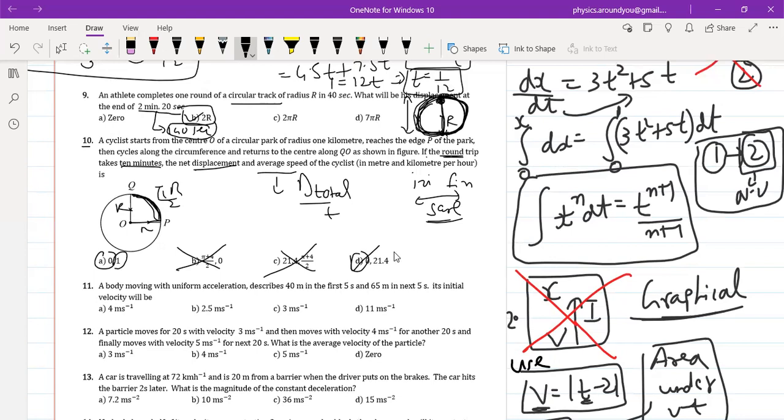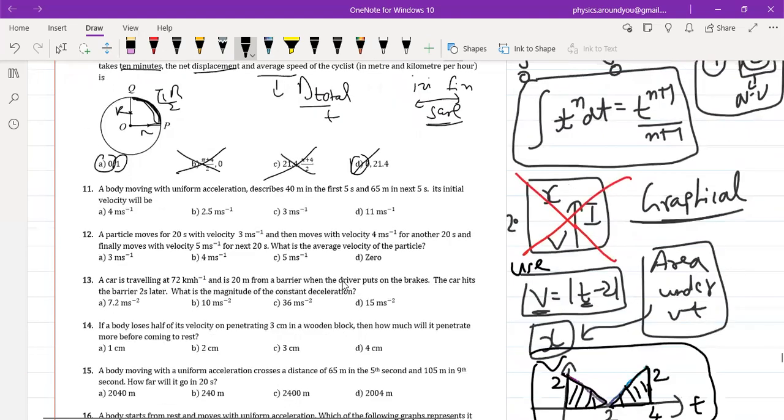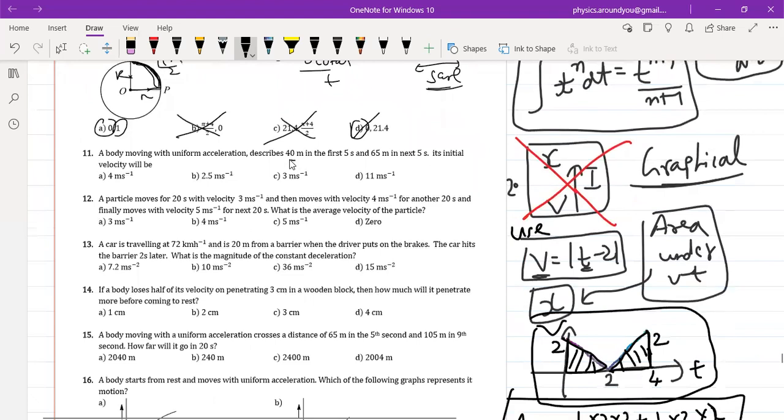Now we go to question number 11. A body moving with uniform acceleration describes 40 meters in the first 5 seconds, 65 meters in the next 5 seconds. Its initial velocity will be? In such questions, you should assume that the body is not at rest initially because there is no mention of rest anywhere, right?